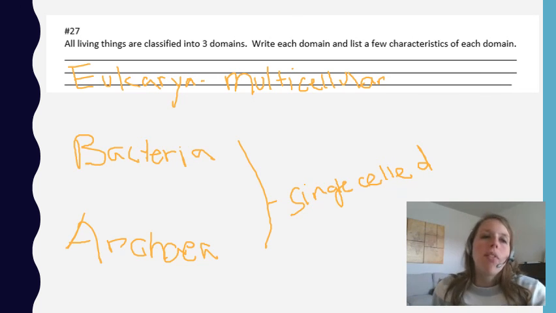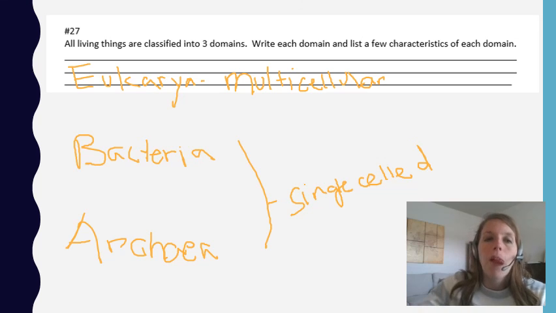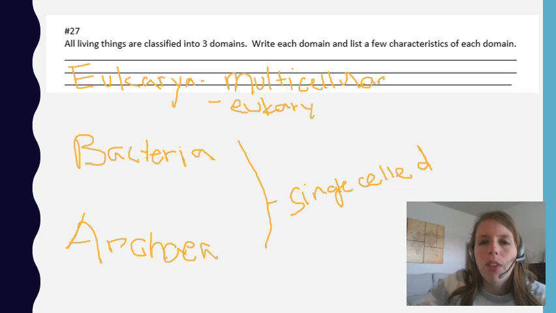Now, the one other really big difference to talk about between these is that some of these are eukaryotes and some are prokaryotes. Eukarya are eukaryotes. To be a eukaryote means that there is a true nucleus in the cell.